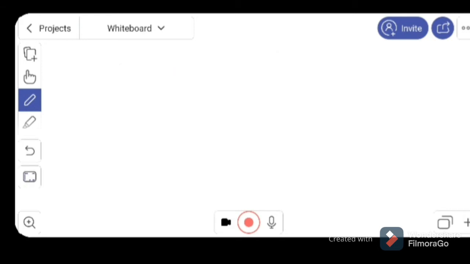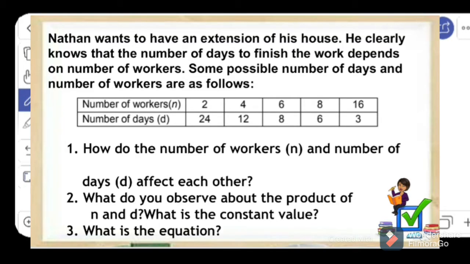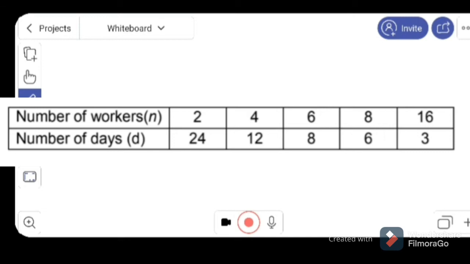Given a table, Nathan wants to have an extension of his house. He clearly knows the number of days to finish the work depends on the number of workers. Some possible numbers of days and numbers of workers are as follows in tabular form. Observe the given entries. In the first row, we have the number of workers, n: 2, 4, 6, 8, and 16. Observe they are all increasing numbers.